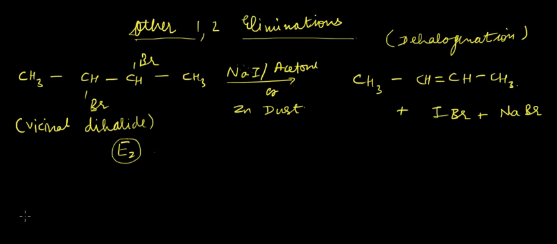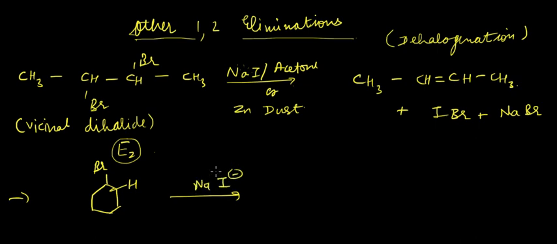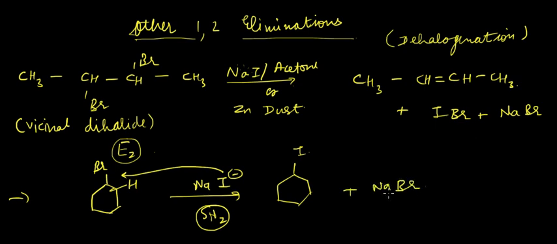But if we have, let's suppose, a monohalide, something like this, then what actually happens in this case is I minus will be acting as a nucleophile and we would get something like an SN2 reaction over here, and we would get R-I here. Okay, and plus NaBr.